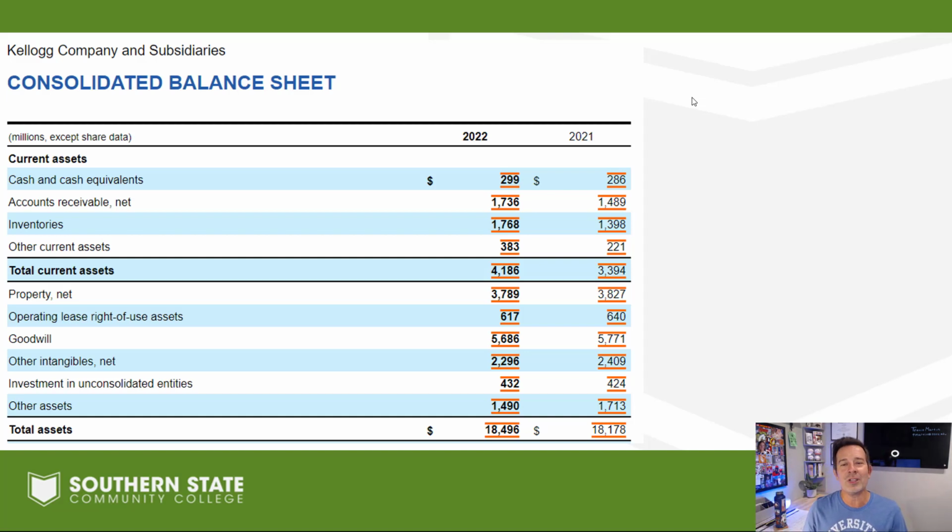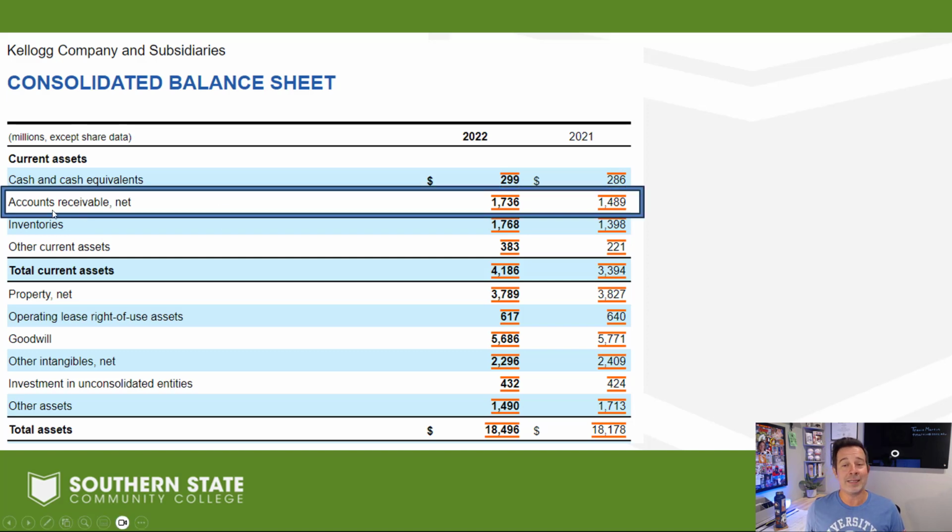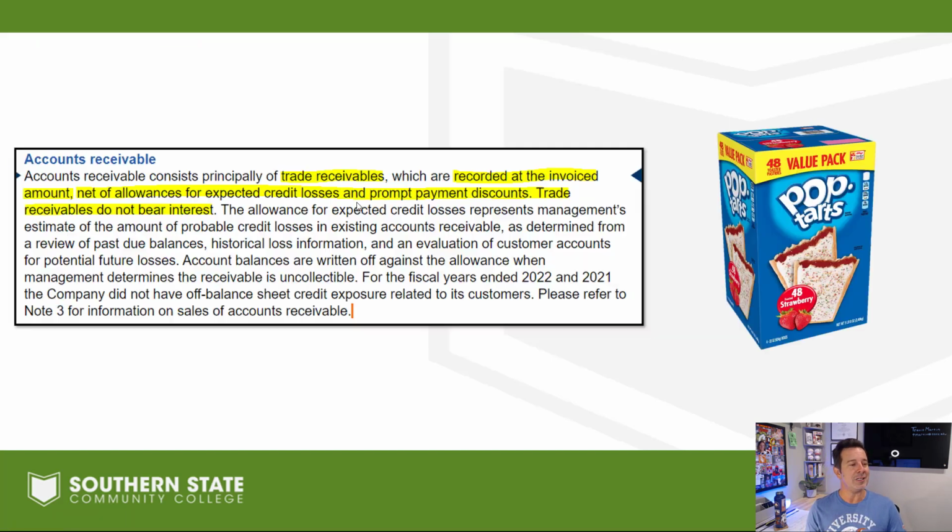And so we are going to look at Kellogg's balance sheet, and you see on the balance sheet right there we have accounts receivable. And so what does that entail? If you think back to your accounting 1101 days, we can dig into the notes of the financial statement. We can see that AR at Kellogg's is principally trade receivables.